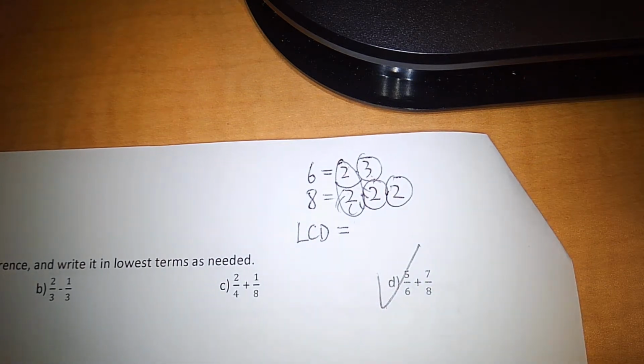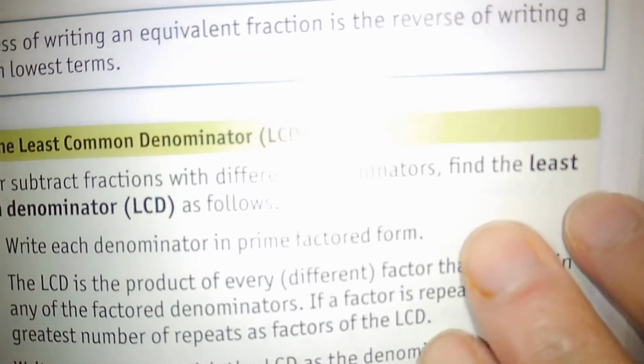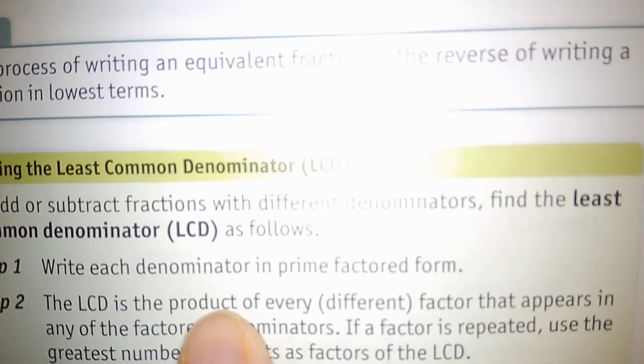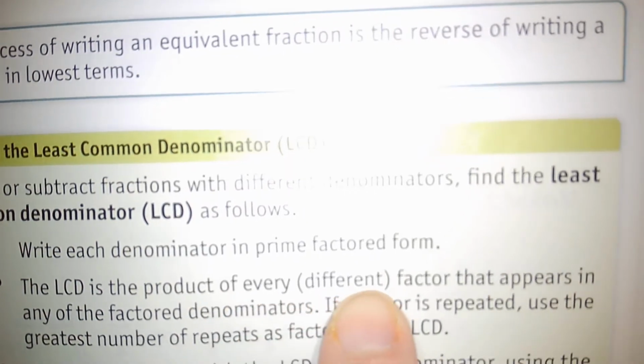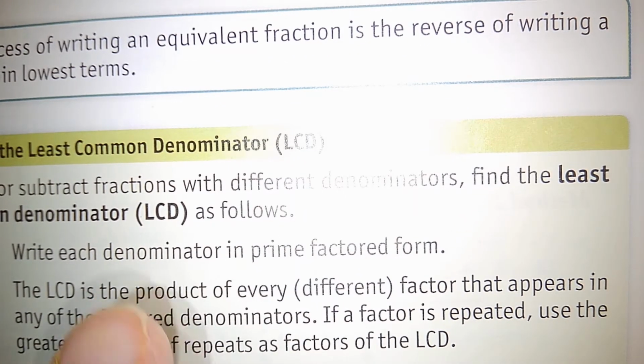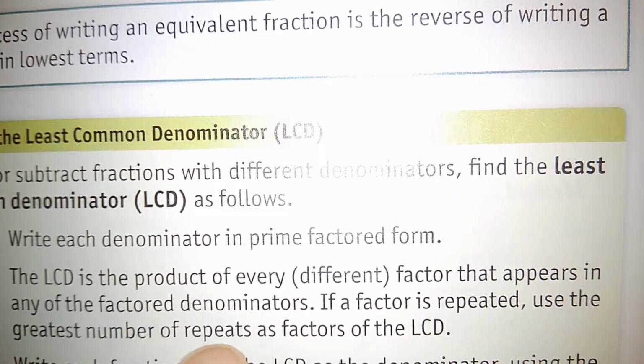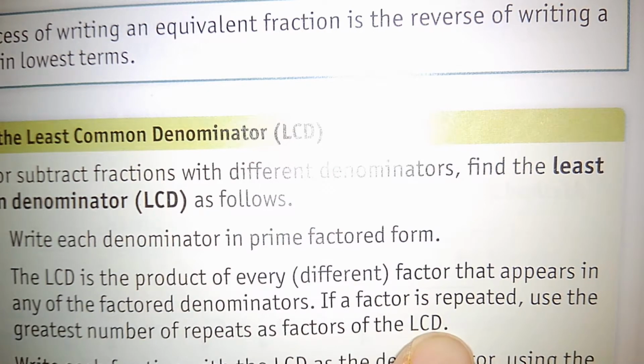If we read the textbook, it says what? Remember what we read just now? The product of every different factor that appears in any of the factored denominators. If a factor is repeated, use the greatest number of repeats as a factor of the LCD.